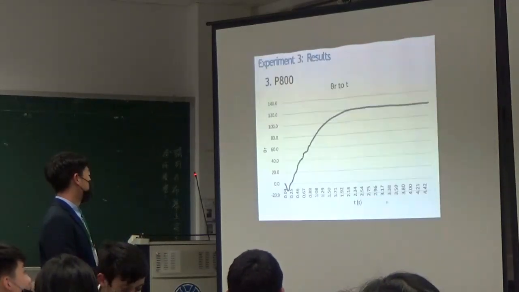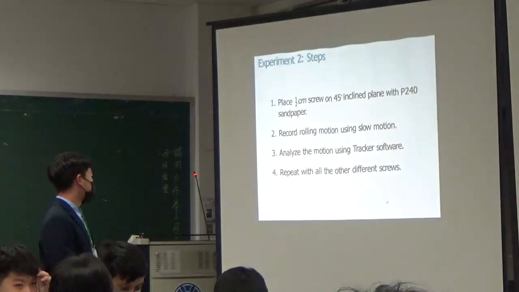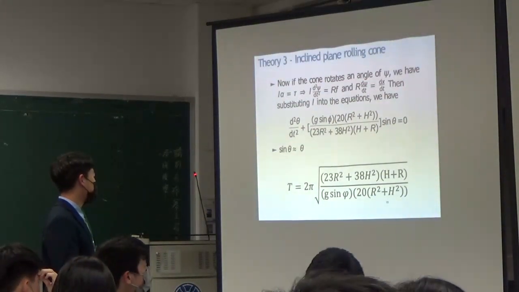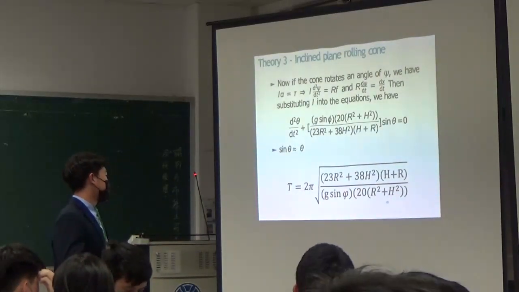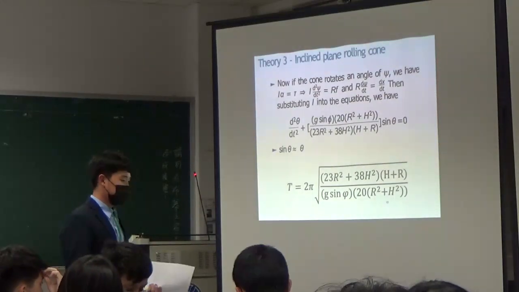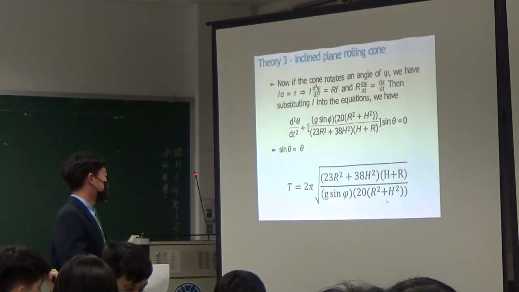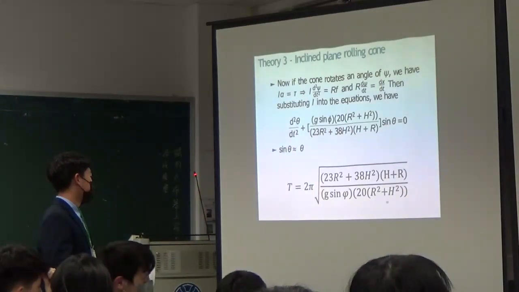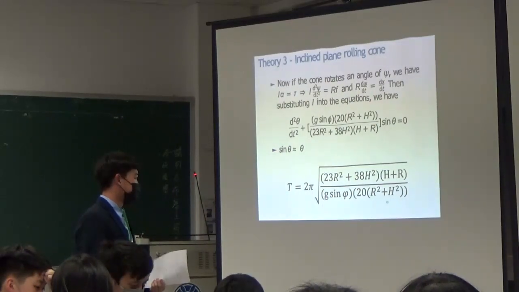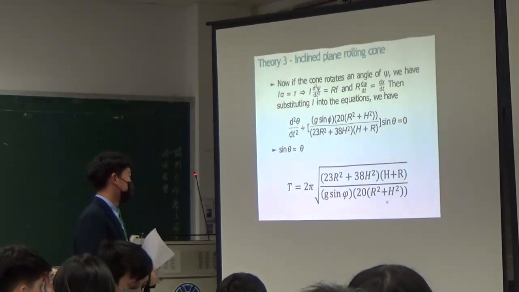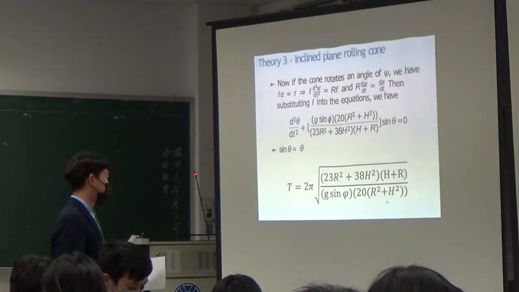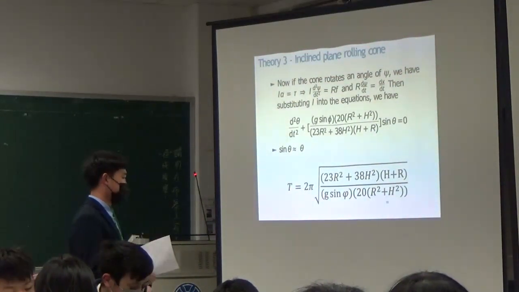In the period formula here, when we increase phi, the inclined angle, the period will decrease, and when we increase the length of the screw, the period will increase.